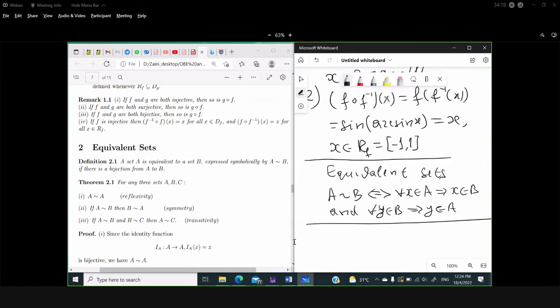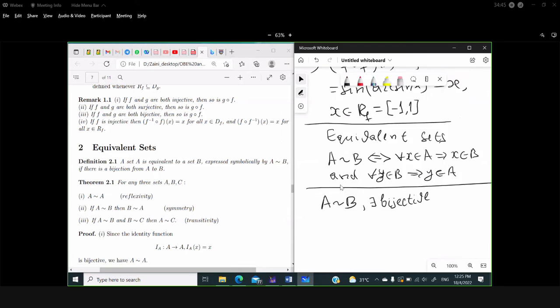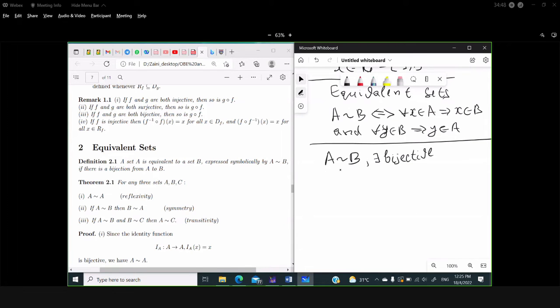Okay, here equivalence comes from bijectivity. Look, definition 1. A set A is equivalent to the set B, expressed symbolically A ~ B, if there exists a bijective function from A to B, not injective, bijective function.